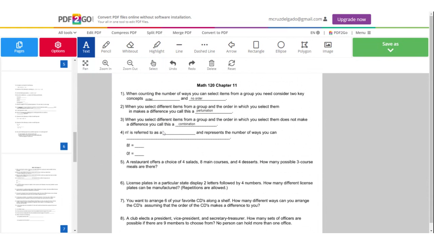This thing right here is called a factorial. I'm just filling these out. I'm mainly going to go over chapter 11 since that's when we had the biggest issue. Well, I mean, it's the harder stuff.